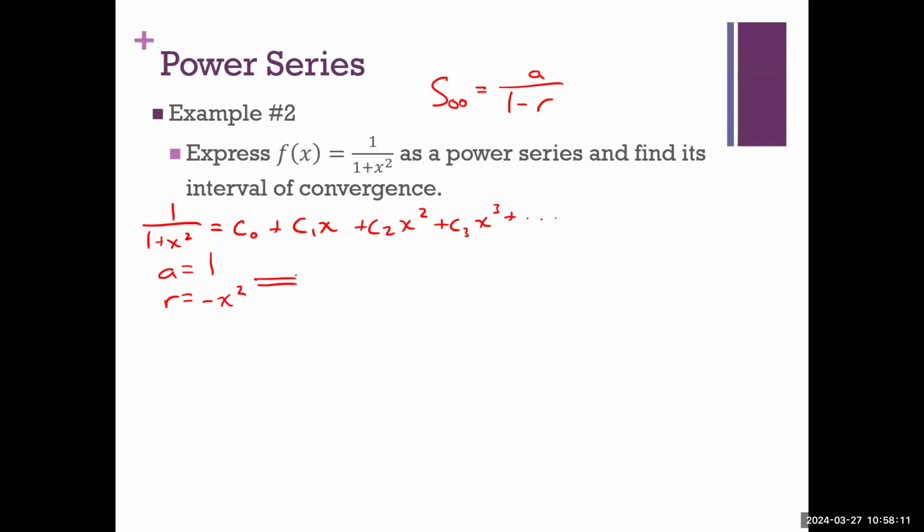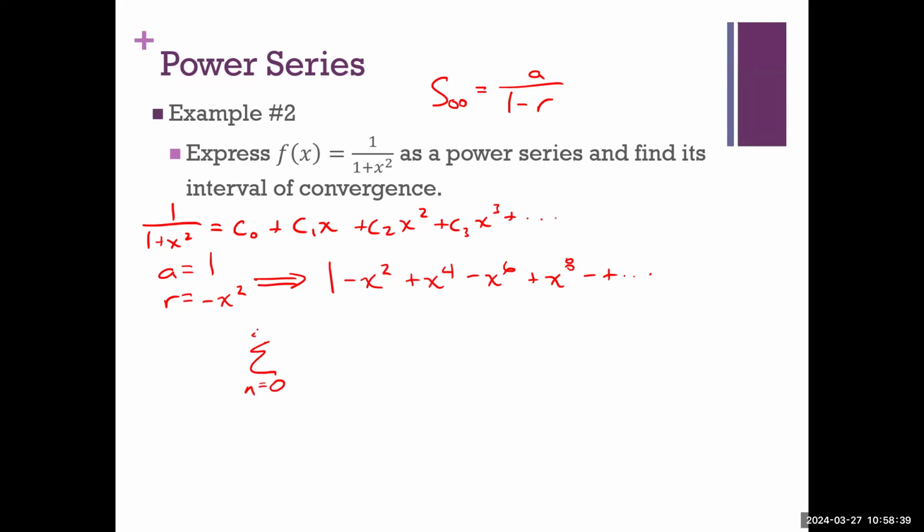Maybe we should write out the first few terms here. You said the first term was 1. What's the next term in the sequence? Minus x squared, and the next one? Plus x to the fourth. So I think this is what the series looks like, or what the terms in the sequence look like. Does that help us write this thing?